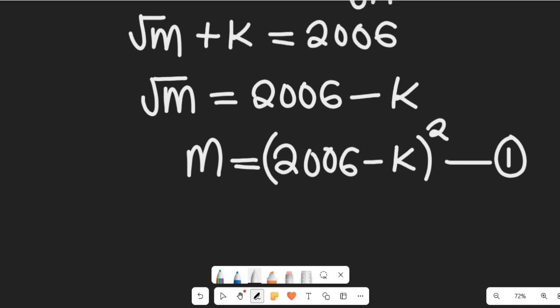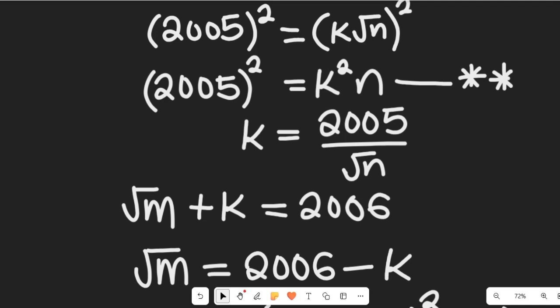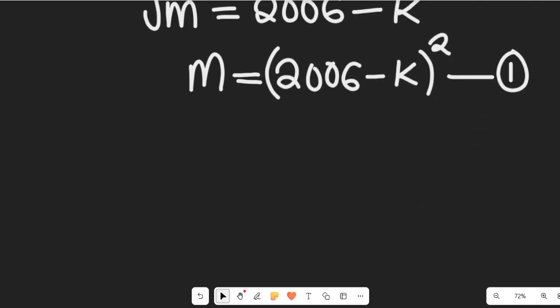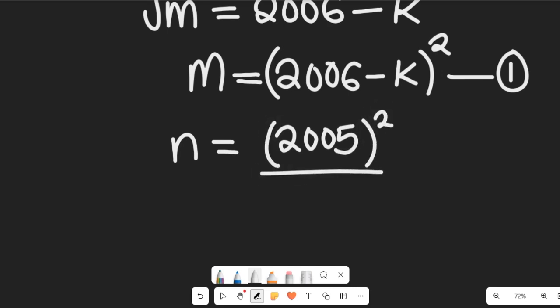Now from the original expression given to us, from this initial expression asterisk, I can find the value of my n here. From that expression, the value of n can be equal to 2005 squared divided by k squared.